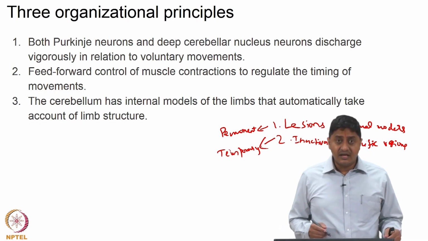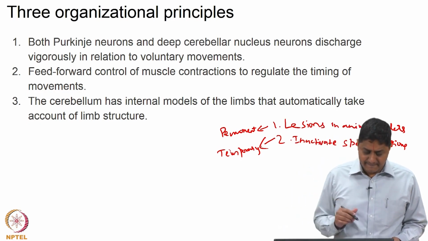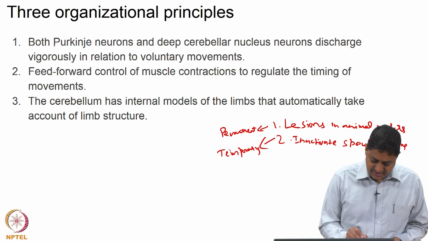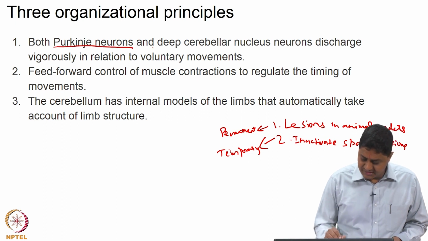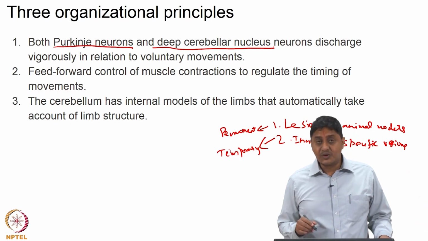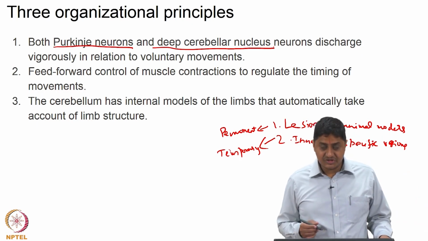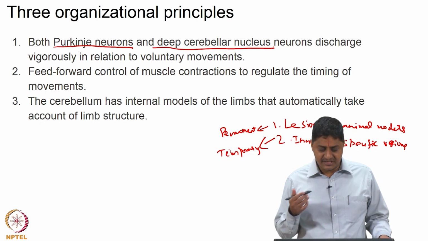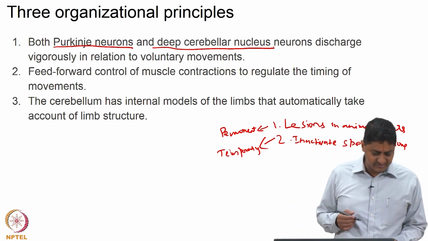So from these animal models and studies we have learnt a few lessons, and these lessons are listed here. The first is that Purkinje neurons and neurons in the deep cerebellar nuclei discharge vigorously in relation to voluntary movements. What does that mean?